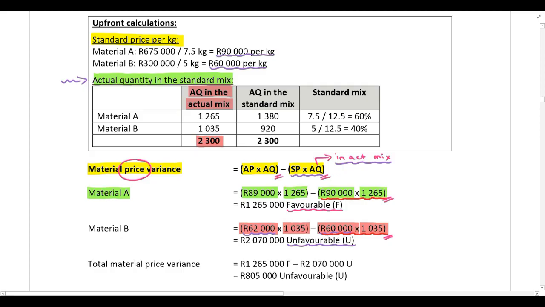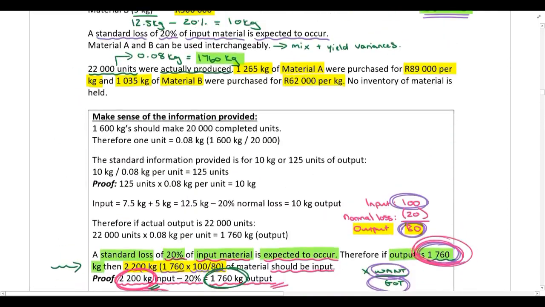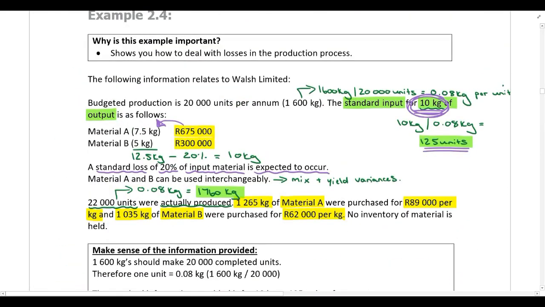Now we need to take that same actual quantity. So you can see the actual quantity in total doesn't change. We are taking the same actual quantity and we are now just putting it into the standard mix. So, where does the standard mix information come from? Here's the information relating to your standard output.